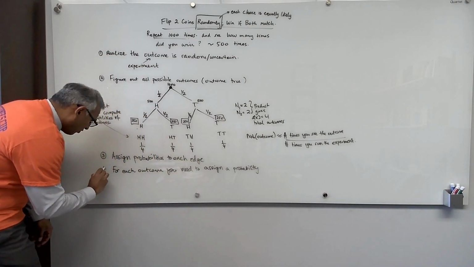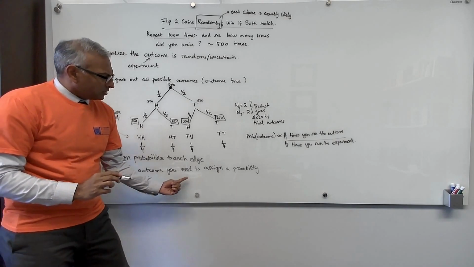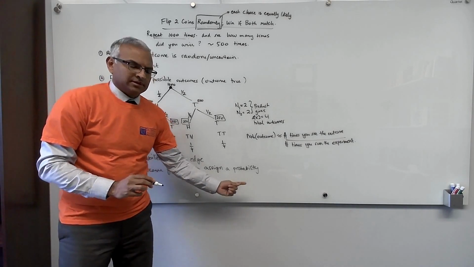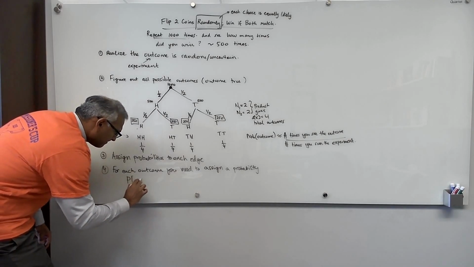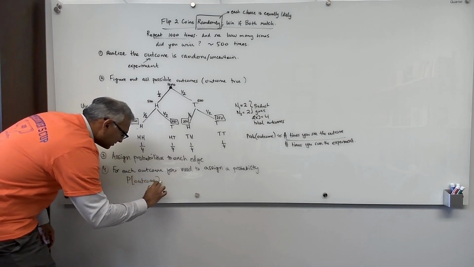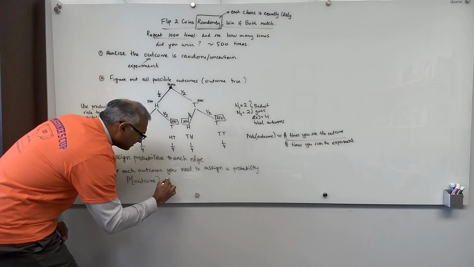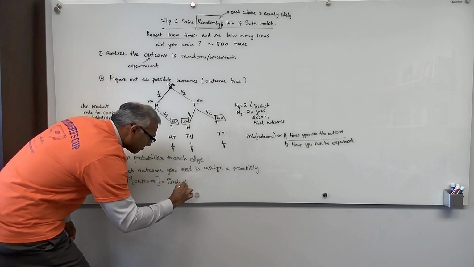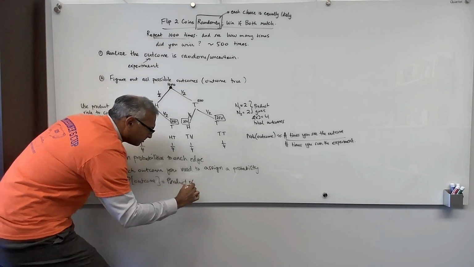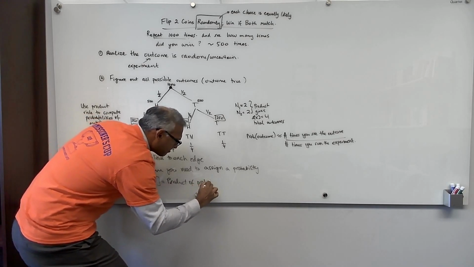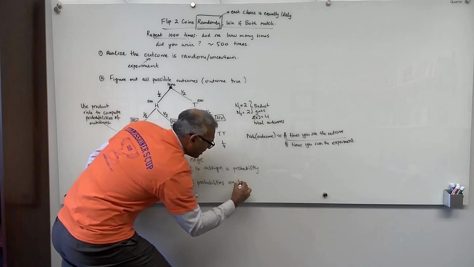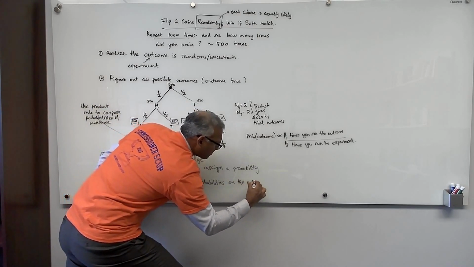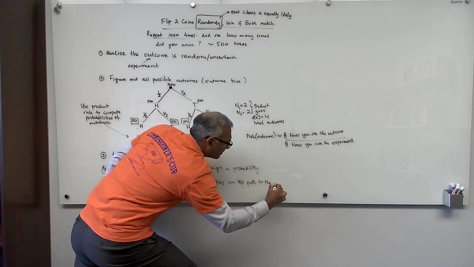And step 4. For each outcome, you need to assign a probability, i.e., the probability of an outcome is equal to the product of probabilities on the path to the outcome.